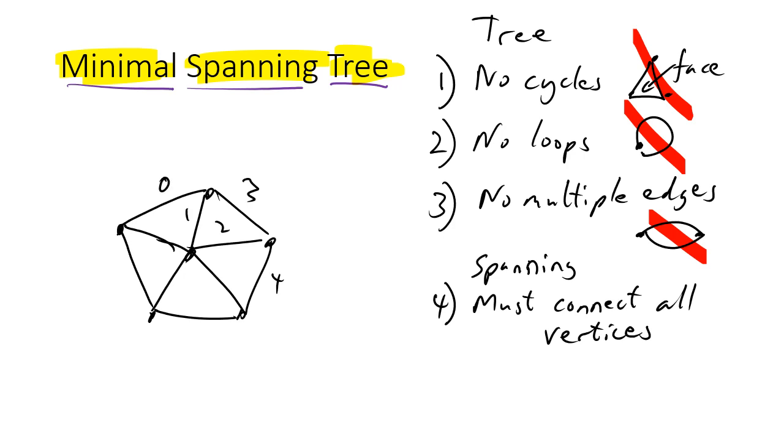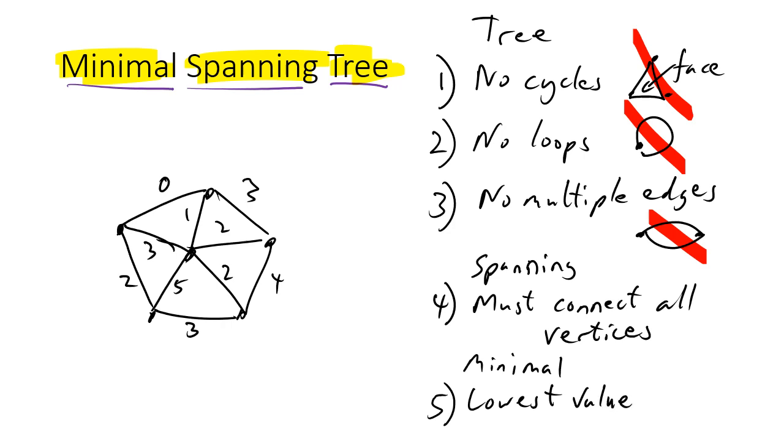You can have 0 on a weight. 5 and 3 and 2, and then you've got to try and work out how to connect them all for the lowest value. So when we say minimal, we're saying lowest value. And that's what we use Prim's algorithm for.